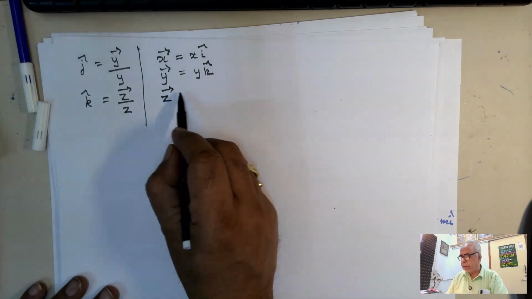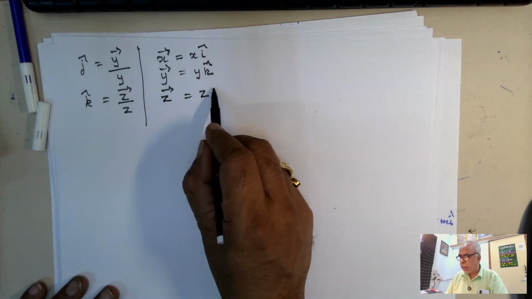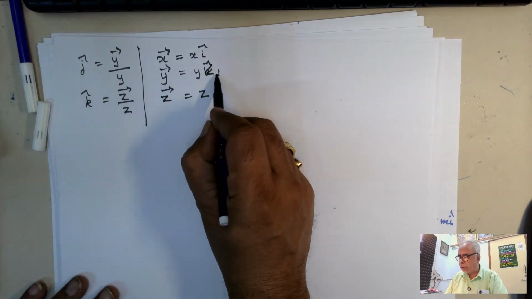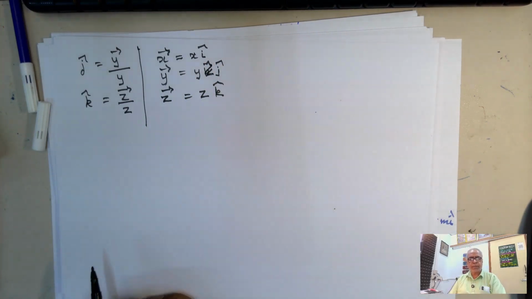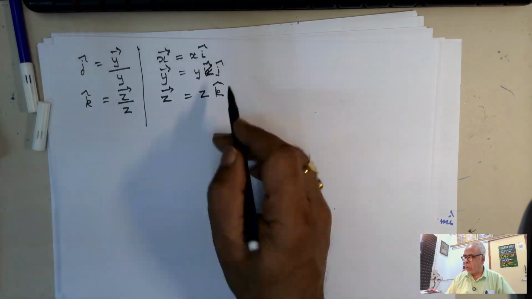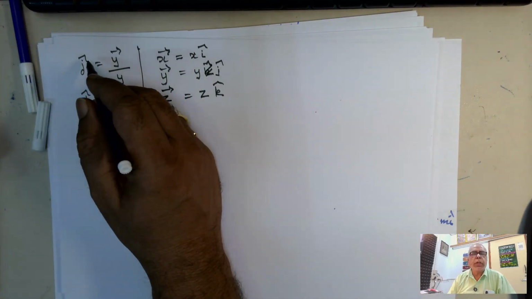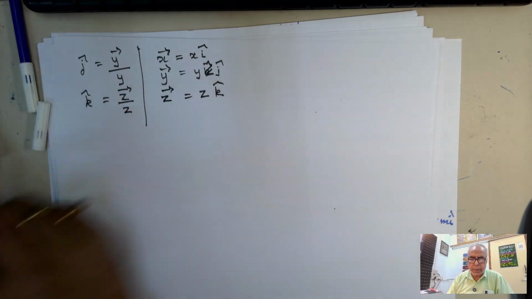Z vector can be represented as z into k cap. Got it? Okay. So these are all called orthogonal vectors. And these are called the orthogonal unit vectors. What are those orthogonal unit vectors? I cap, j cap, k cap.